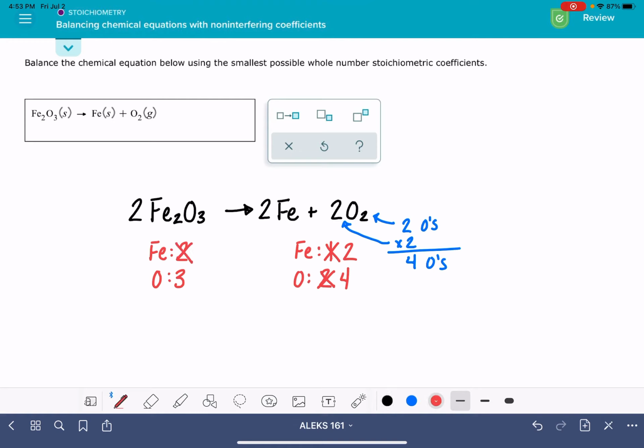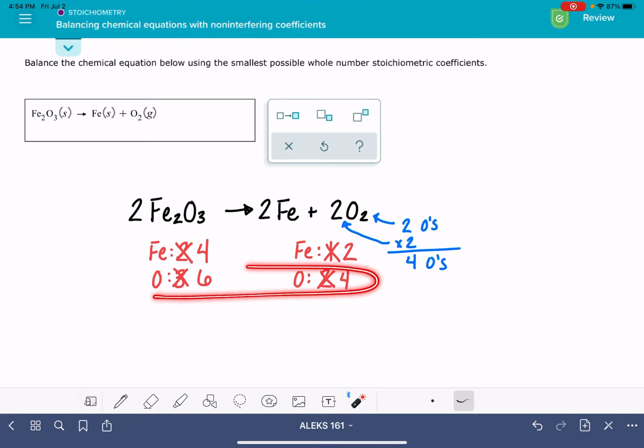When I did that, I changed the numbers of iron and also oxygen both by putting a 2 out in front here. So I'm going to have to recount my iron atoms. My iron atoms at this point, I have a total of 4. 2 times 2 is 4 for the iron. And for my oxygen, I have 3 times 2, which is 6. Kind of feels like I'm making everything worse, but I'm not. Just trust me. You kind of have to go back and forth a few times before this actually works.